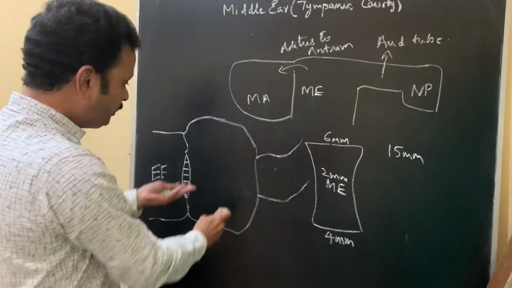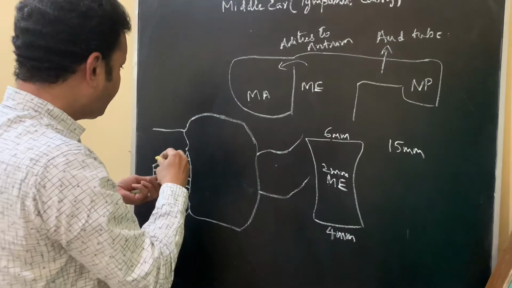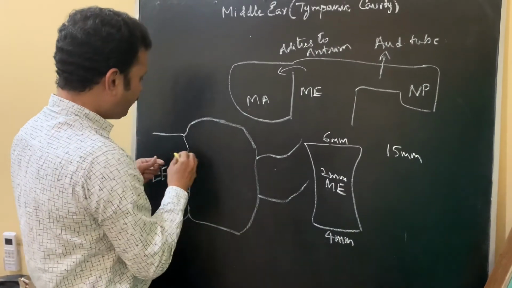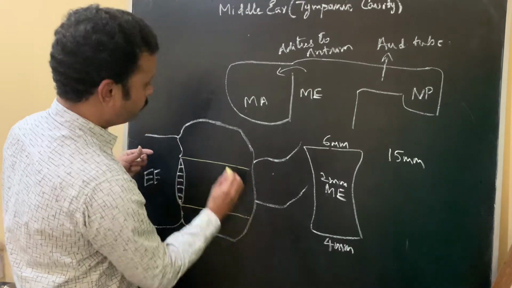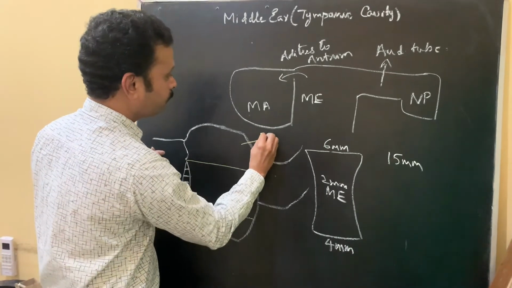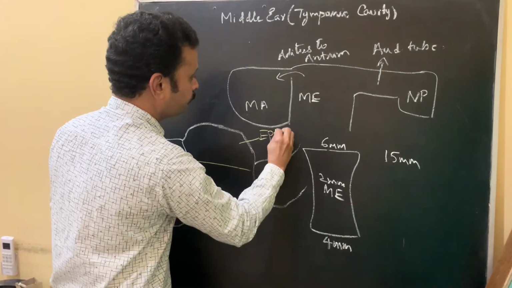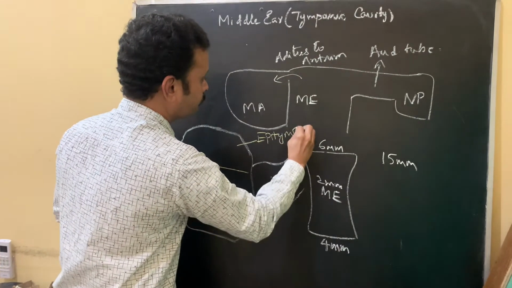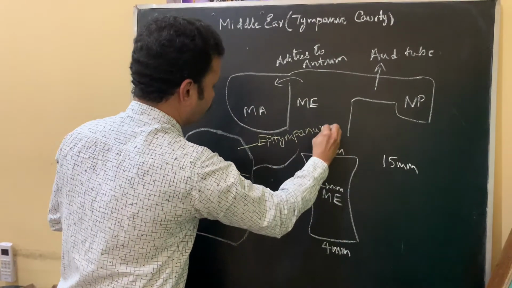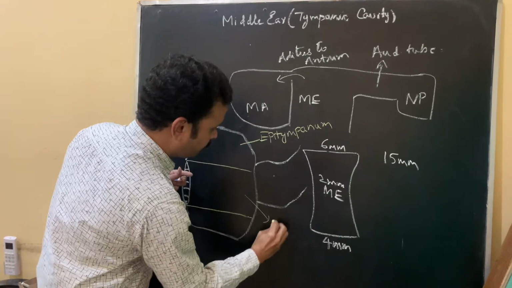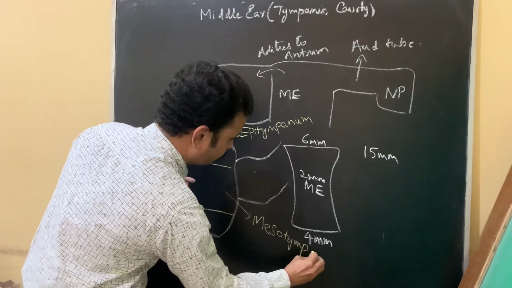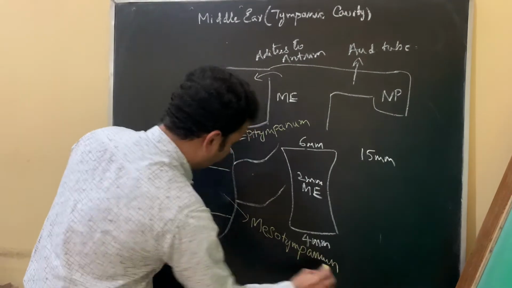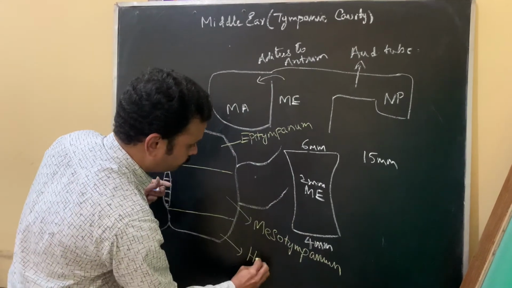Okay. So within the middle ear, the subdivisions are epitympanum, mesotympanum. So this one is epitympanum. Mesotympanum. And hypotympanum.